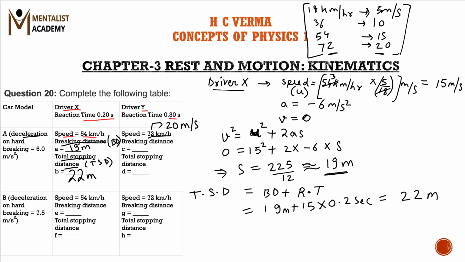We just need to replace driver X with driver Y. The speed is 20 meter per second. So this is 72 kilometer per hour and this is 20 meter per second. We simply need to replace the data.